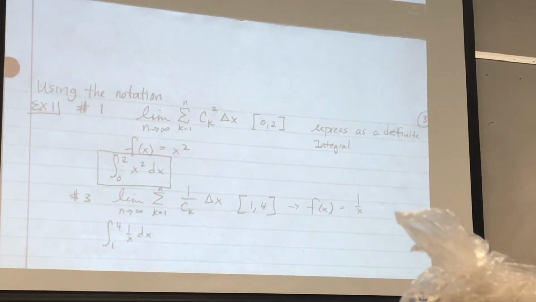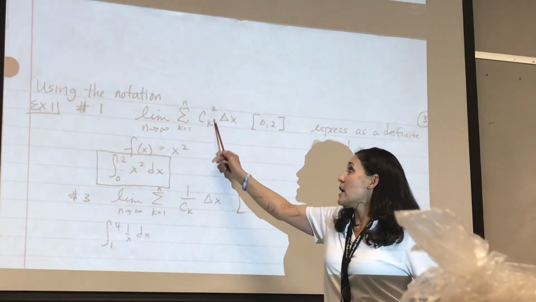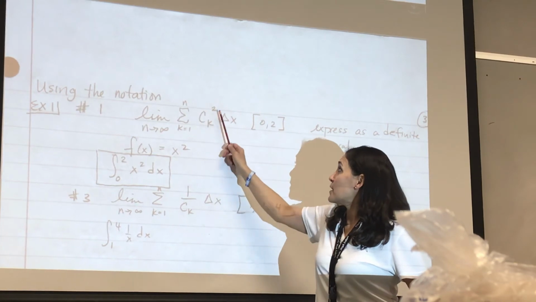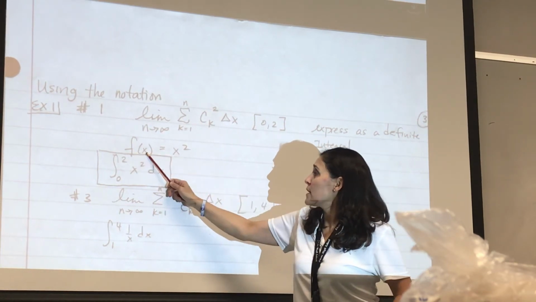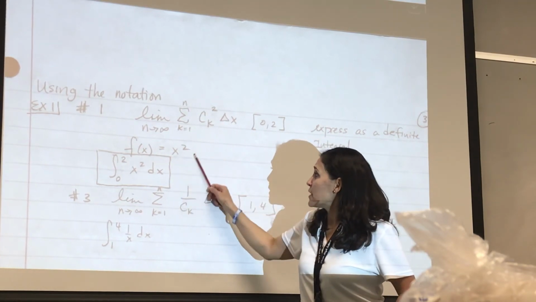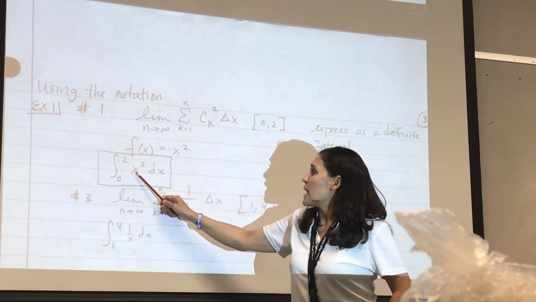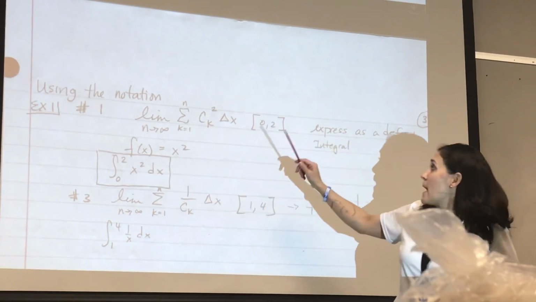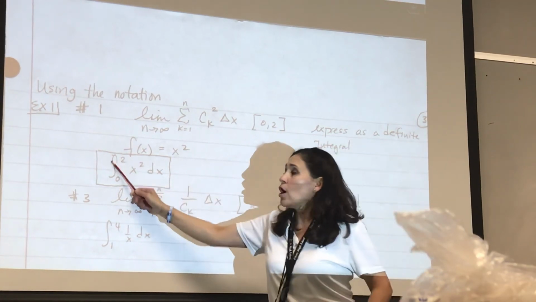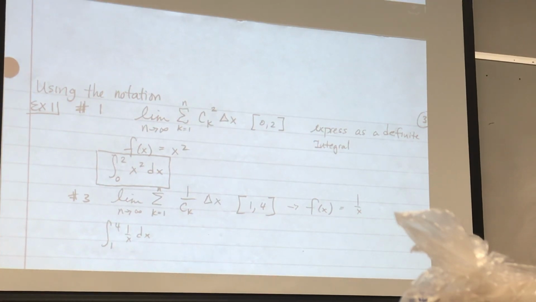When we have c sub k, then this represents our f of x. This is our f of x right here. And so we see that if it's c sub k squared, then we know that f of x is equal to x squared. So if f of x is equal to x squared, then we can throw that into our integral, x squared dx, and then there's our lower bound and there's our upper bound. So that's all we're going to do there, the lower bound and upper bound. So you guys try number 2 in the book. Let's try number 2.